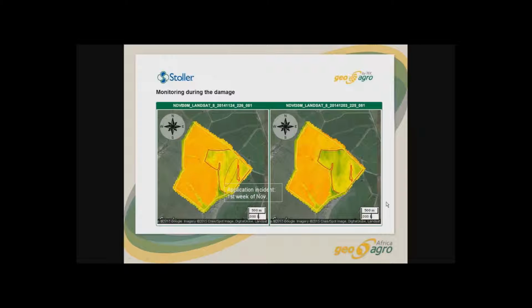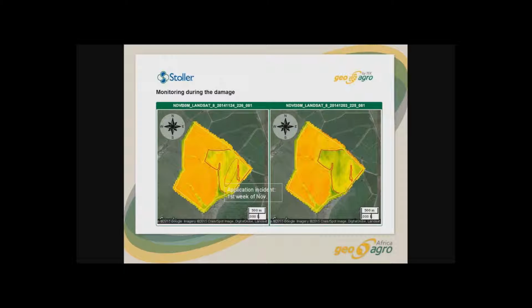So they evaluated that there was an application incident. There was a mistaken chemical application during the first week of November that starts to show in the third week of November. And this is GeoAgro Africa, which works hand in hand with ag service organizations.